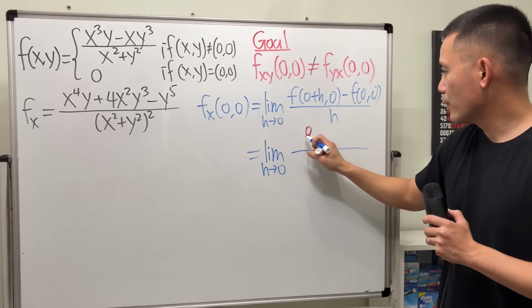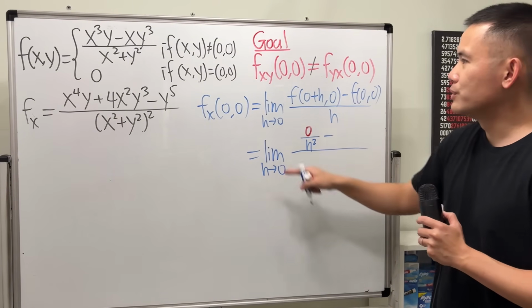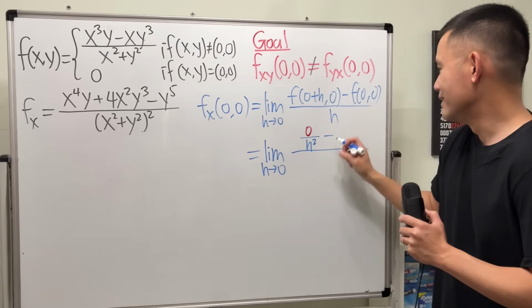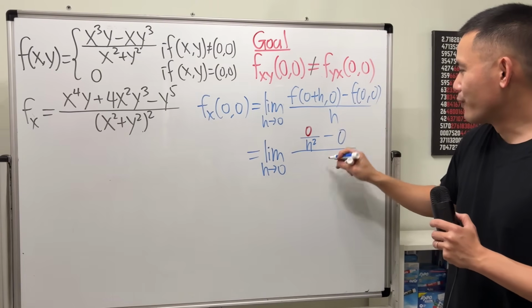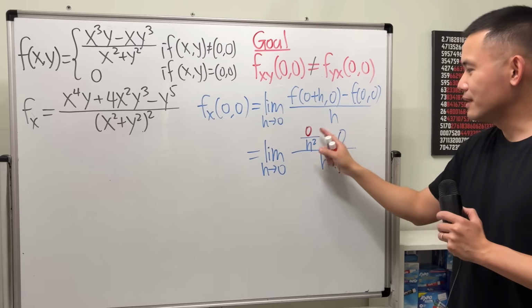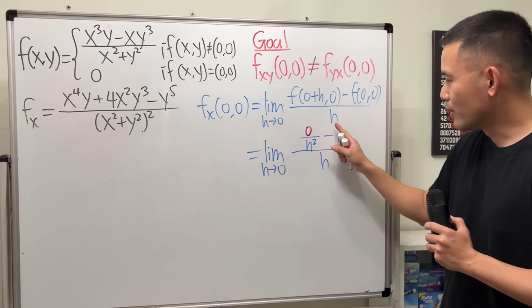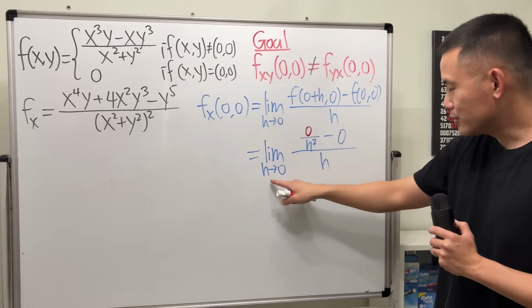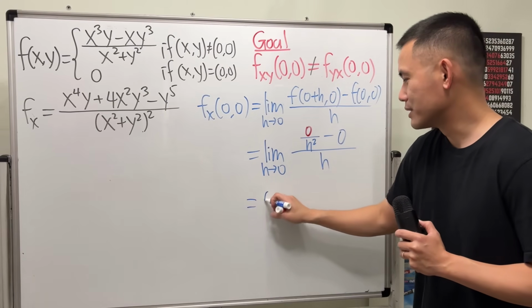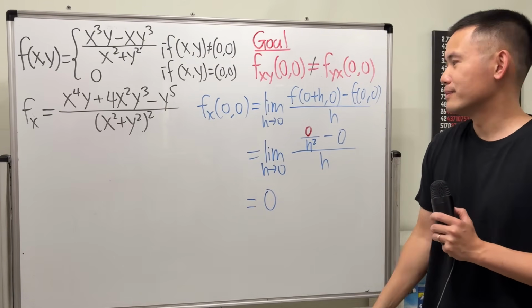Here we get 0 over h squared, which is going to be 0, minus this thing, which is by definition 0, over h. But that's 0 minus 0 over h is 0. Make sure you work this inside out. The inside is 0 already, and when h approaches 0, this right here will just give you 0. So this is equal to 0.